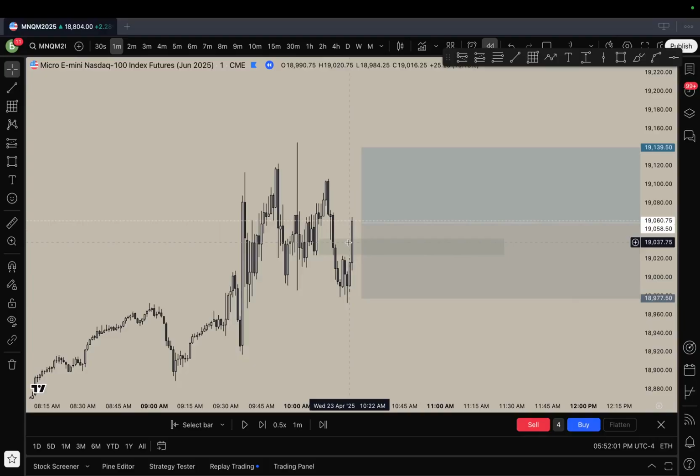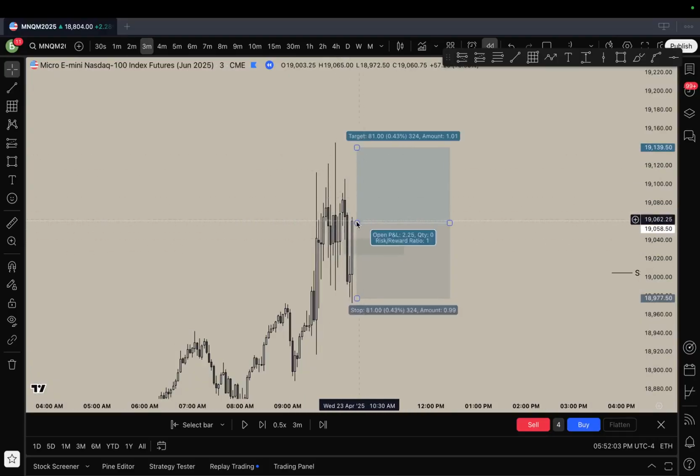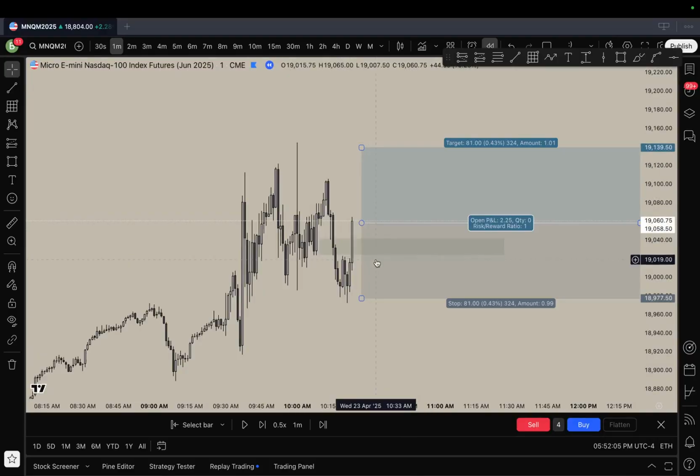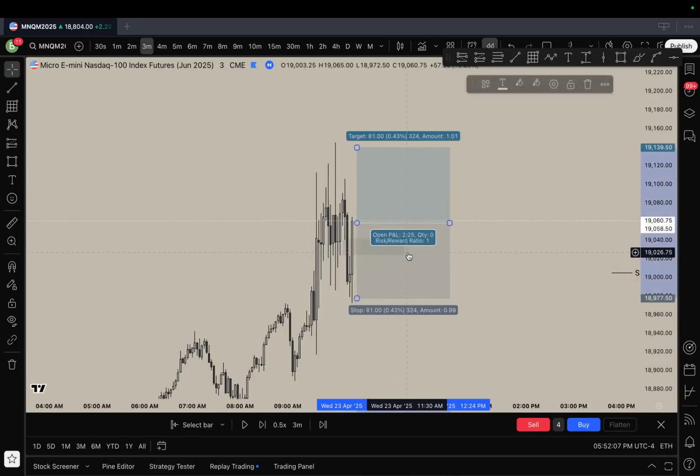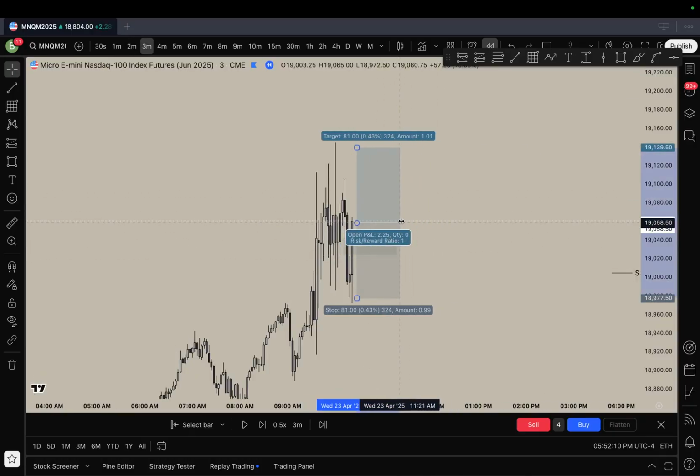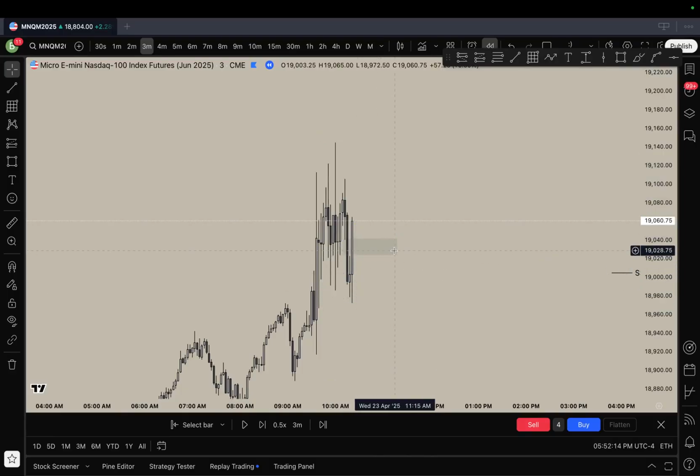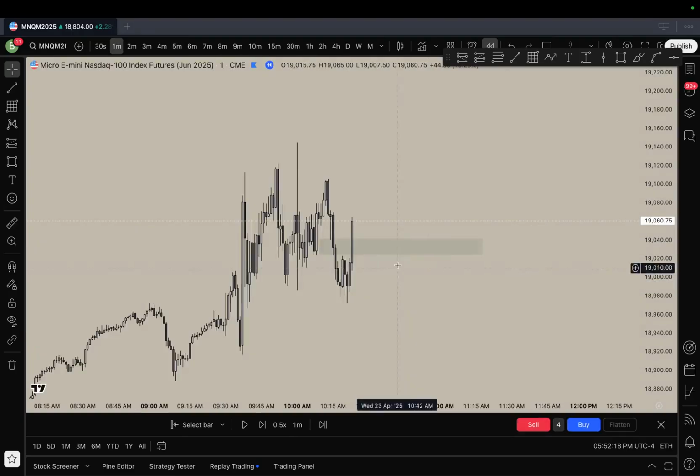If the 1 minute closes above and not on the 3 minute, then that's not a valid close. It needs to close on the same time frame the fair value gap is on. So if we have a 5 minute gap, you can't wait for the 1 minute to close below it, because obviously the gap didn't close on the 1 minute. It has to be the 5 minute.